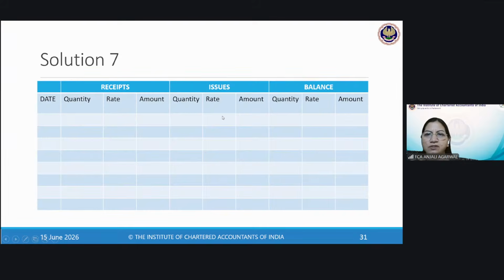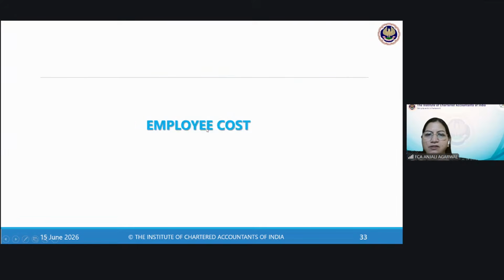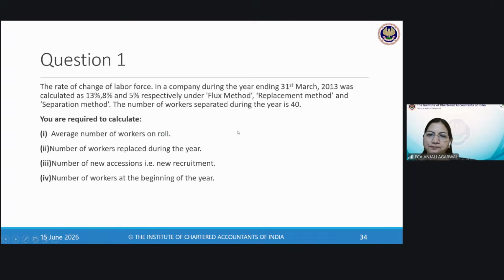Now we'll talk about employees cost, that is labor. I'll again explain everything using questions here. So the first concept is the labor turnover concept. What do we understand by labor turnover? Turnover in inventory is something good, but turnover in labor is not good.